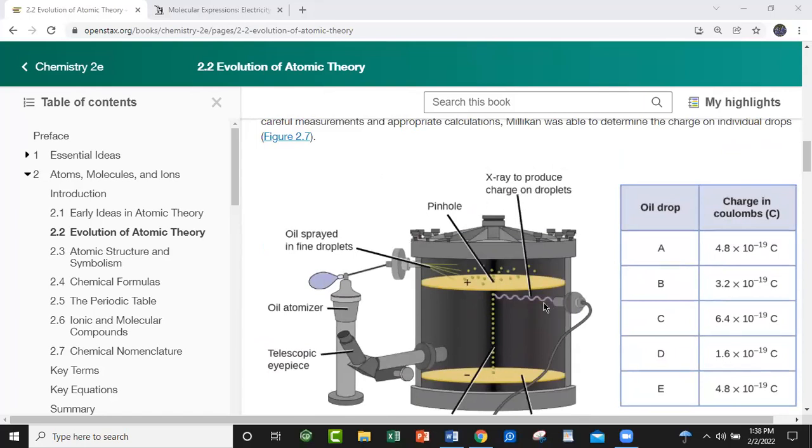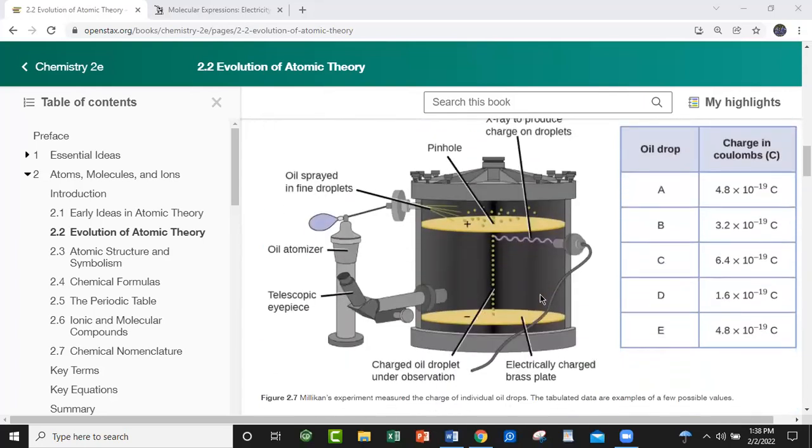But what he found out was that the charge for every different type of droplet was some multiple of 1.6 times 10 to the minus 19 coulombs. And so that's how he was able to determine the charge on one electron by looking at the charge here and noticing that there was a trend. You see it's 1.6, 4.8, 3.2, and 6.4.